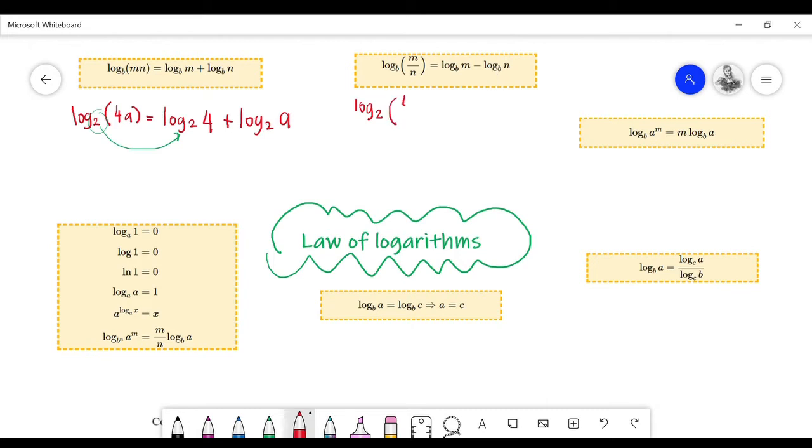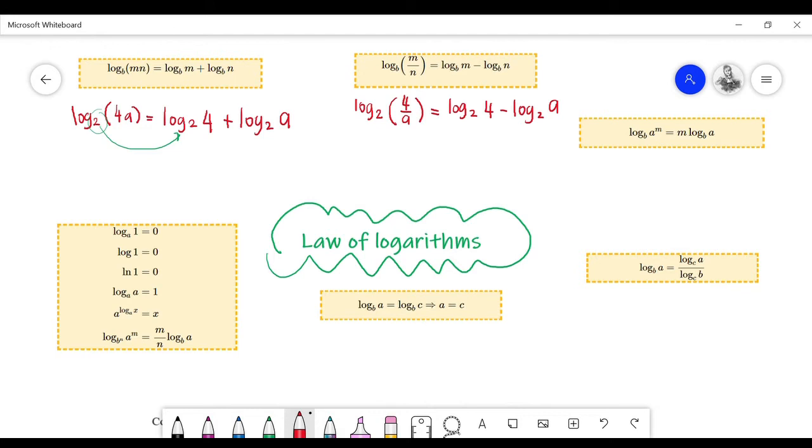So 4 over a can be expanded to be log base 2 of 4 minus log base 2 of a. So this is the example.